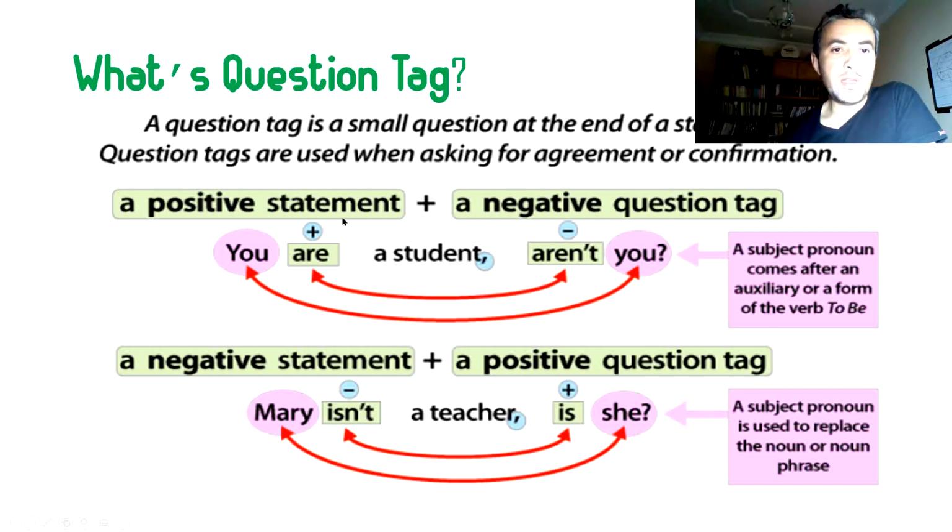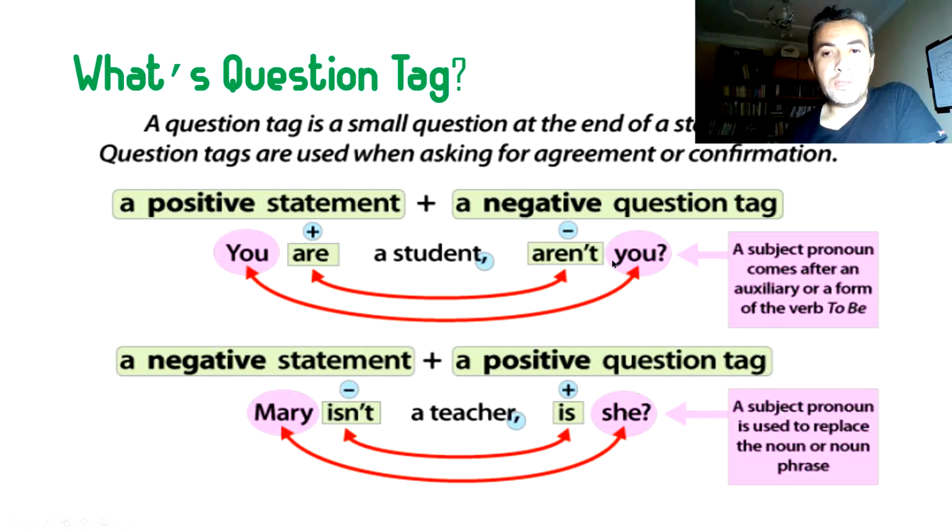If you have a positive statement, like "You are a student," this is a positive sentence. The other side is the question tag. It's a very small question at the end of a statement. If we have a positive statement, we need a negative question tag on the other side: "aren't you?"